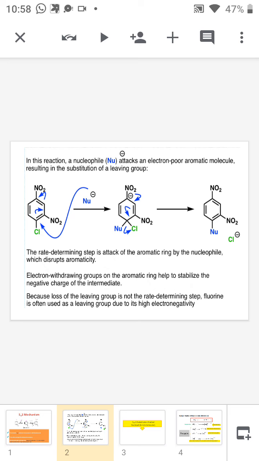Then loss of the leaving group is not the rate determining step, and fluorine is often used as a leaving group due to its high electronegativity.